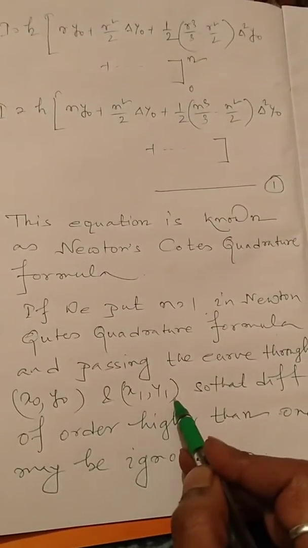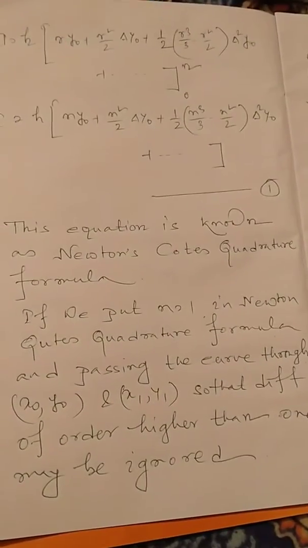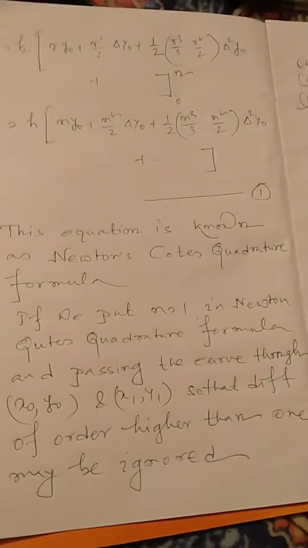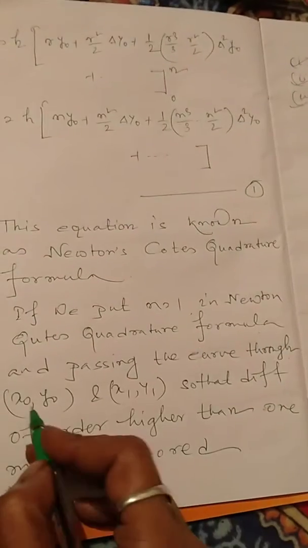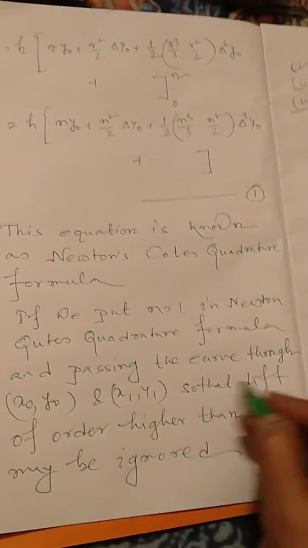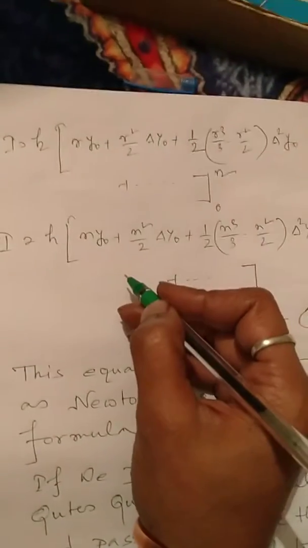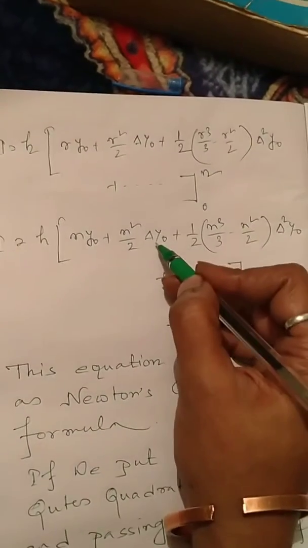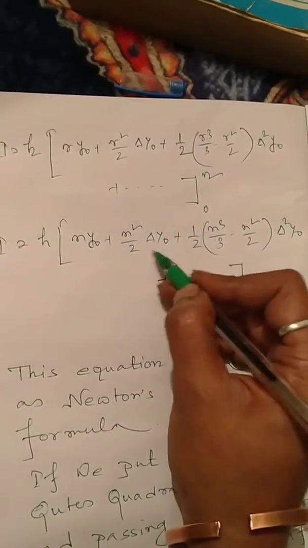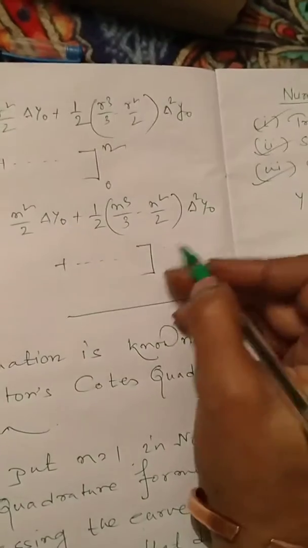y0 and x1 y1. Why? Because there are so many points; here we will say x0, x1, x2, x3. So we are considering only these two coordinates, passing the curve through x0 y0 and x1 y1, so that differences of order higher than 1 may be ignored. Here we see this is the difference of order del y0, that is difference of order 1, and the next part is del square y0, and if we write the next part, then there will be del cube y0.